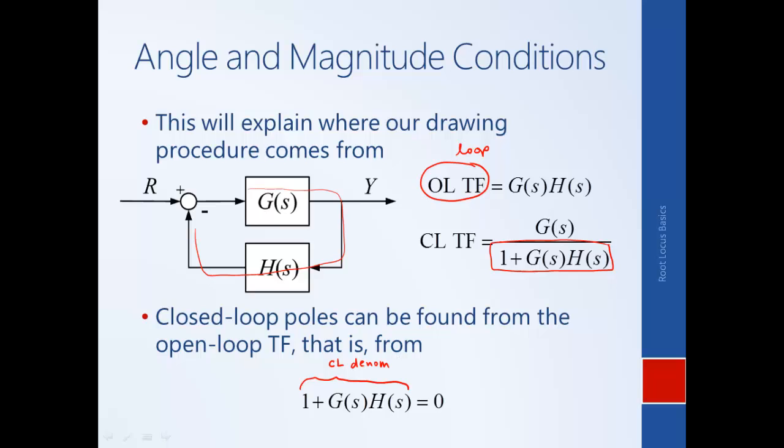However, it's interesting to note that this, the G times H, is the open loop denominator. So if we know what the open loop denominator is, we in essence know what the closed loop poles are without ever actually having to find the closed loop transfer function.